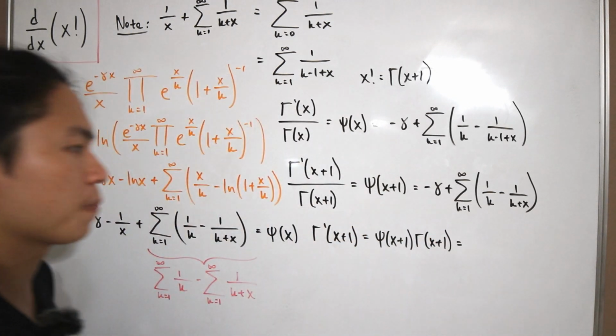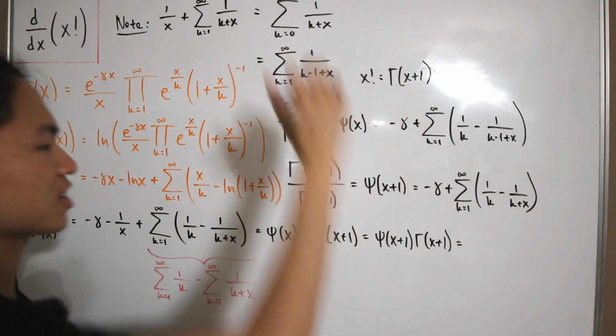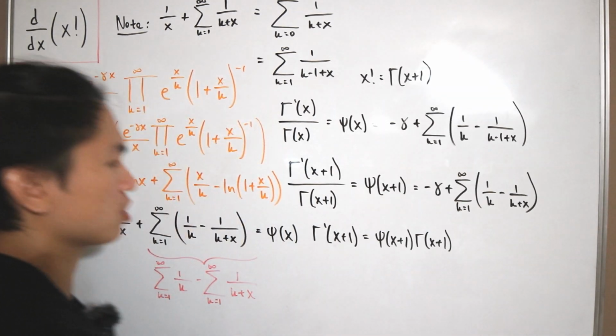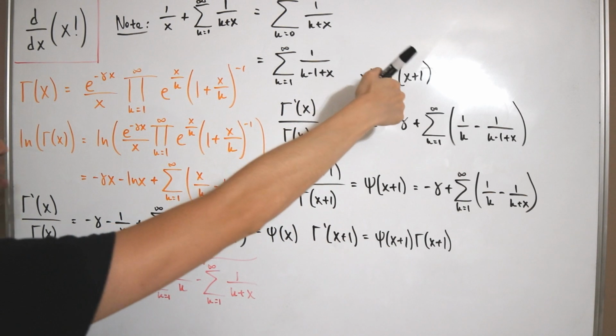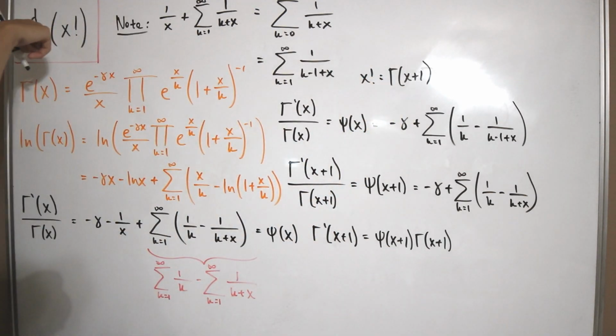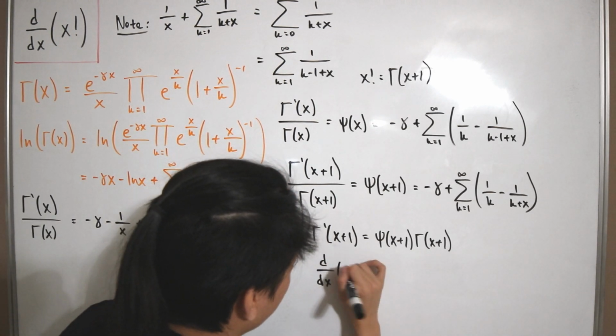That puts us multiplying gamma of x plus 1 back to the whole thing, but I can just replace this with x factorial. Let me put that under the next line. It's also worth noting that gamma prime of x plus 1, going back to that definition, means if I take the derivative of both sides, that's exactly what we want to achieve. In other words, this is the derivative of x factorial.